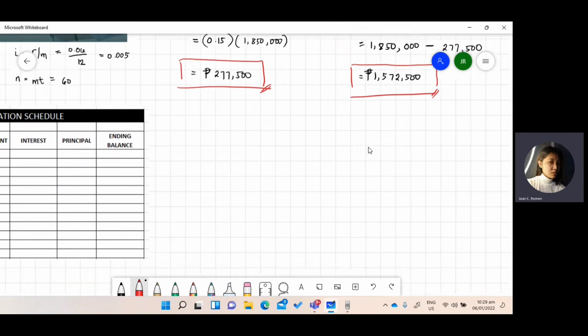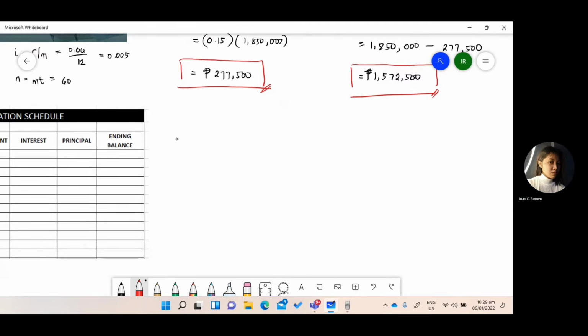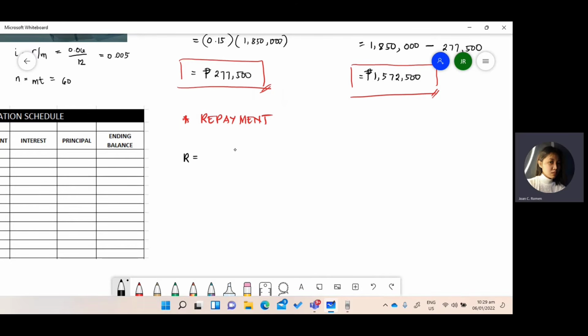So, to solve for the repayments, the formula is R is equal to P over the quantity 1 minus (1 plus i) raised to negative n, over i. So this will be the formula para ma-solve natin yung repayment or yung regular payment.